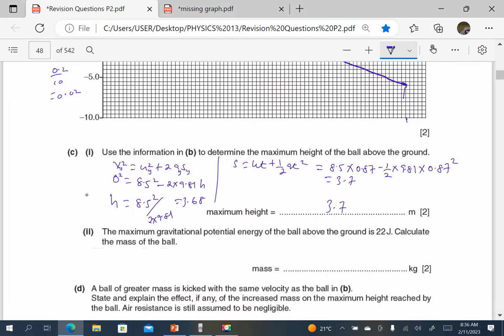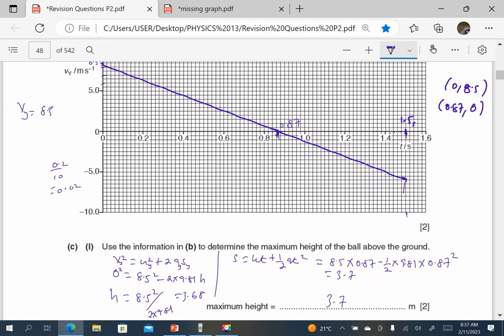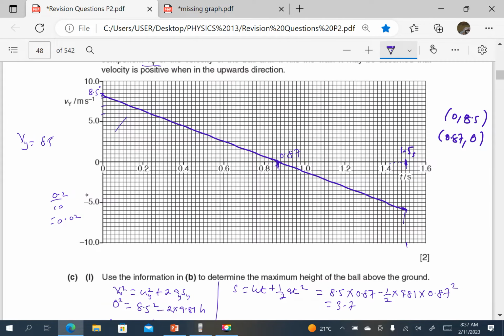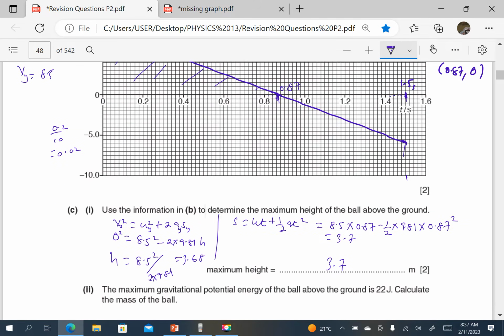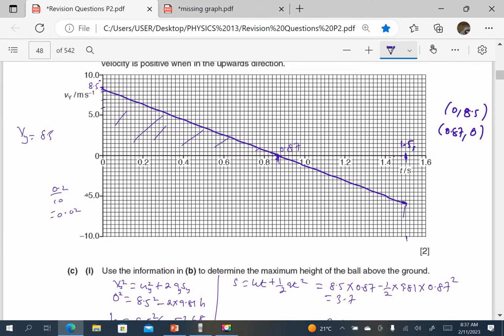Or by the way, you could use the graph you have just drawn and find the area under the graph. Maximum height is going to be just this area here. So I will write that method here. The maximum height h is going to be the area under the graph, which is a half times the base, 0.87, times the height, which will be 8.5.